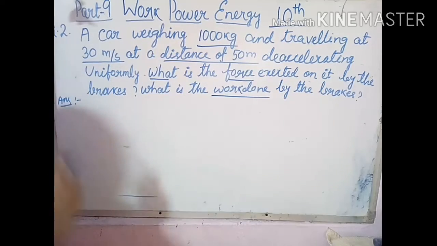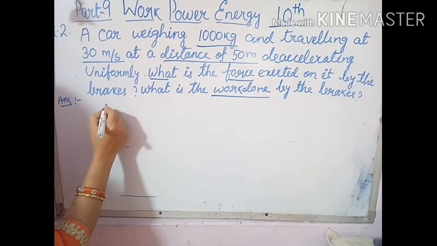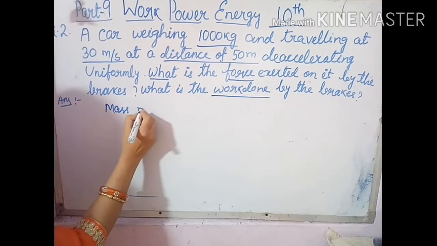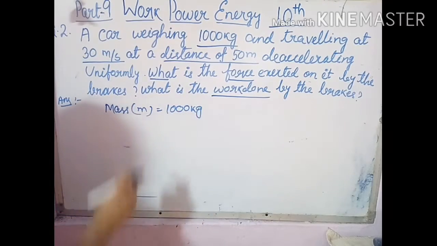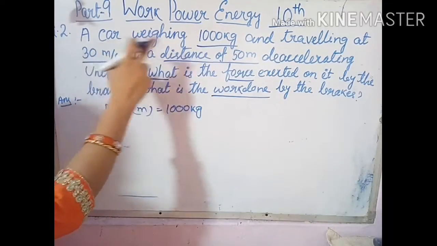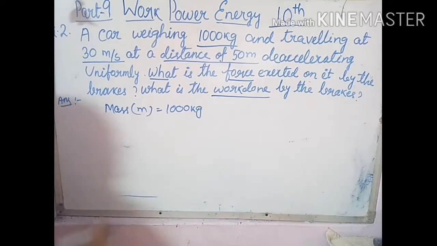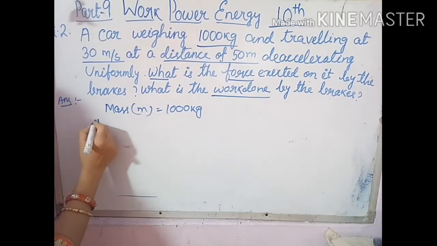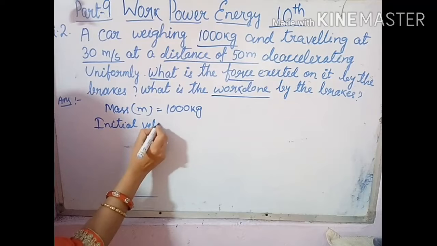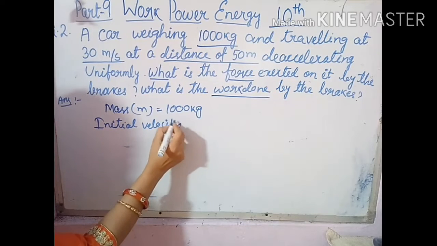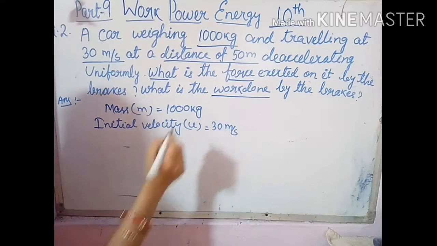Now first of all let's write the given data symbolically. Weighing 1000 kg means the mass m equals 1000 kg. Traveling at 30 meter per second, as you know this is the unit of speed or velocity. So whenever you observe that velocity, this is called the initial velocity u, that is 30 meter per second.